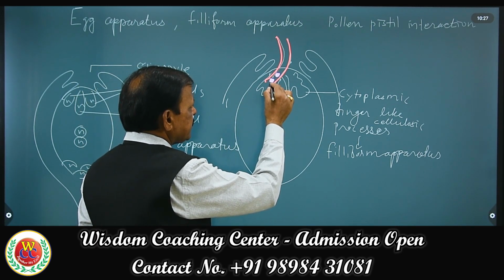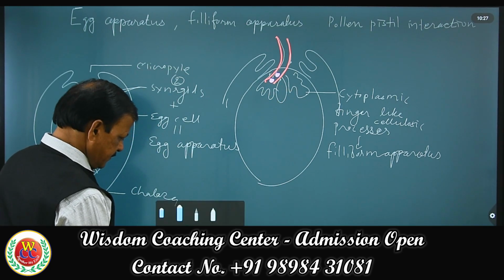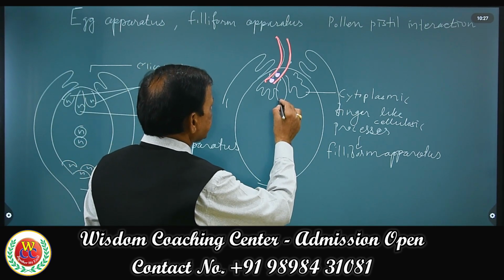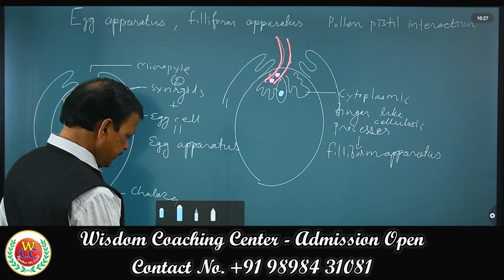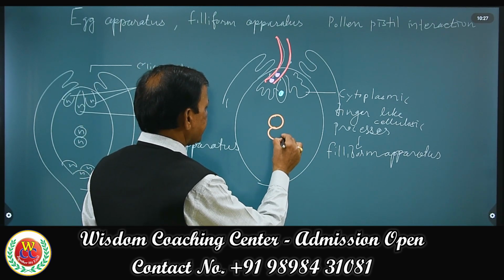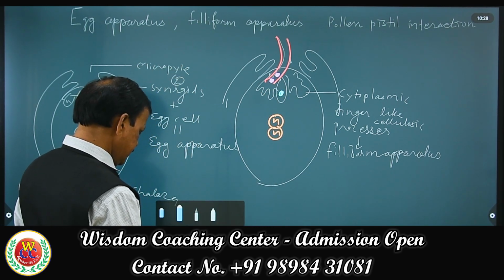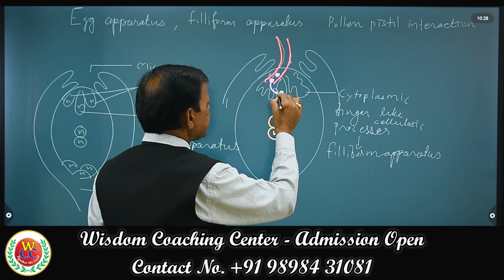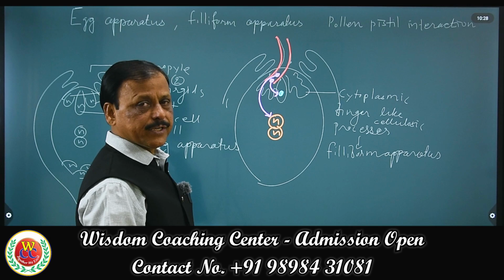One male gamete fuses with the egg nucleus and another male gamete fuses with the polar nuclei. Here these are polar nuclei 1 and 2. So one male gamete fuses with the egg cell, another fuses with the polar nuclei.